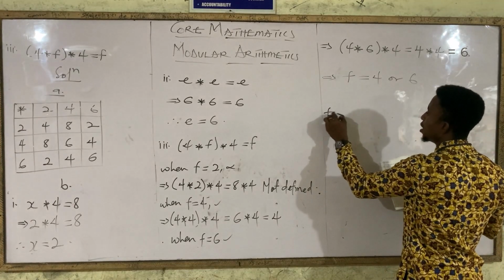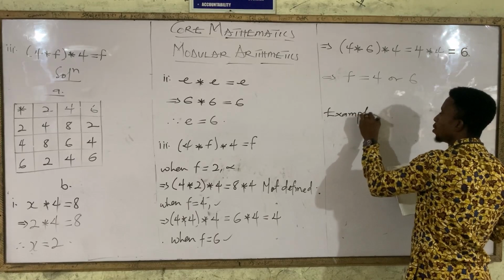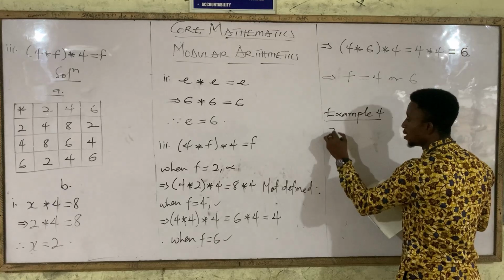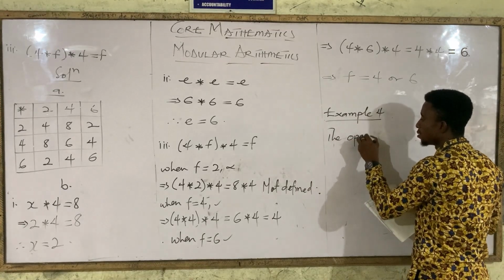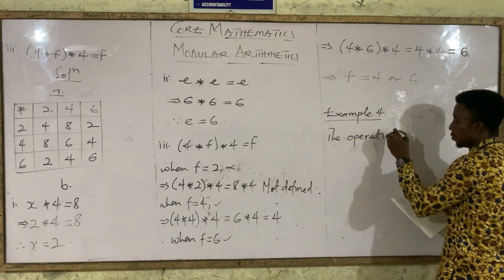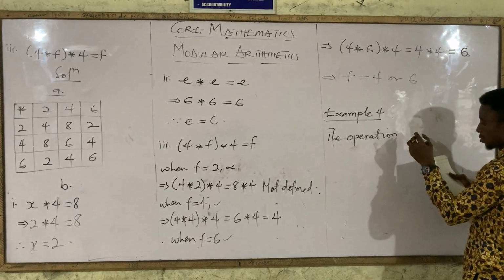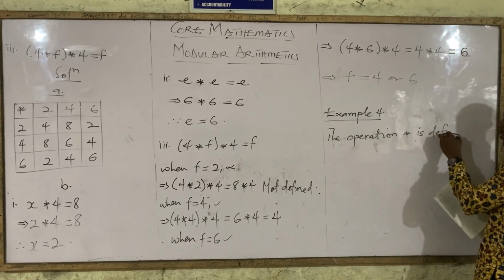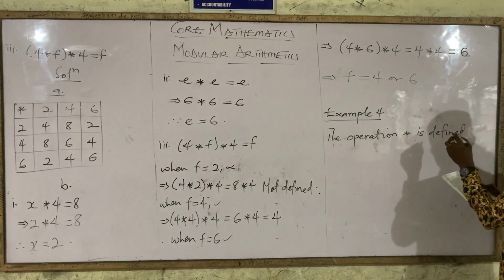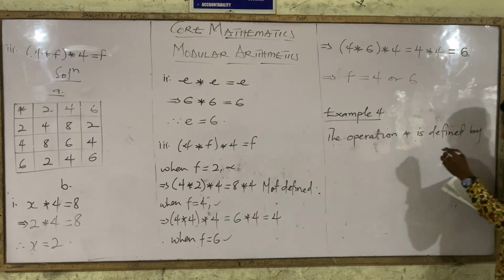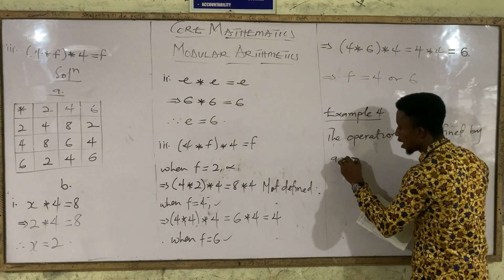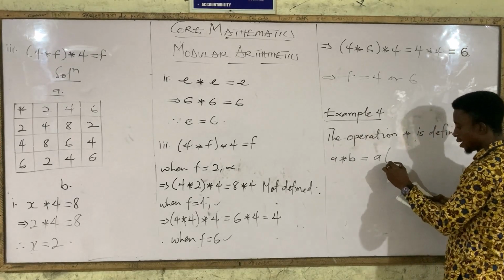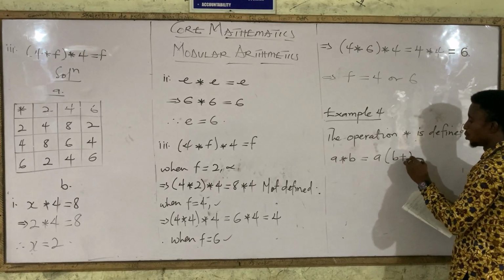So example number 4, and that one says the operation star is defined by A star B, which is equal to A into bracket B plus 2.